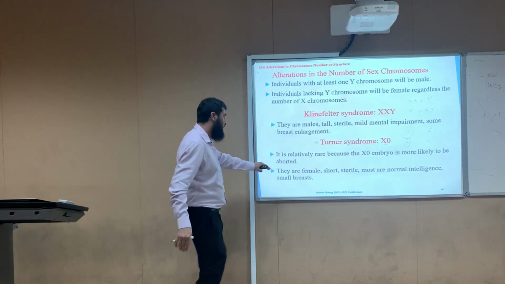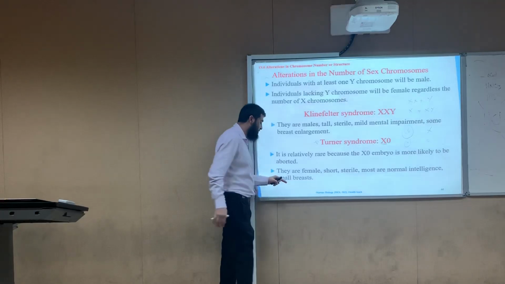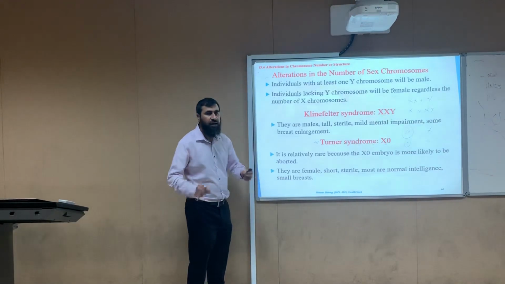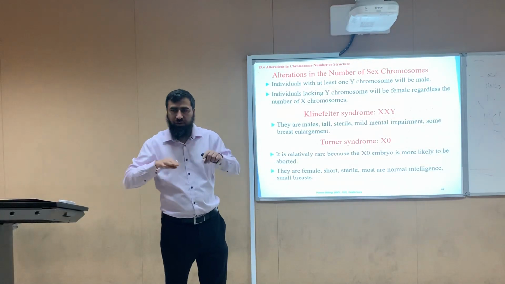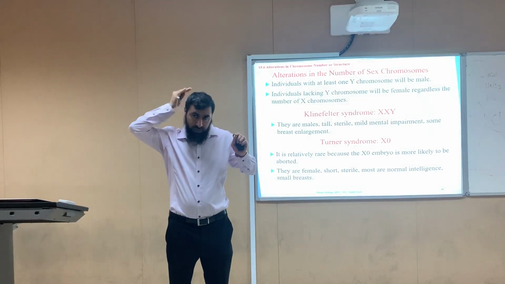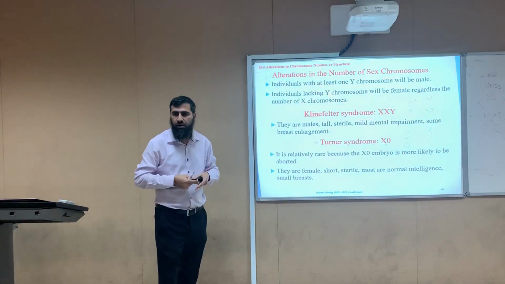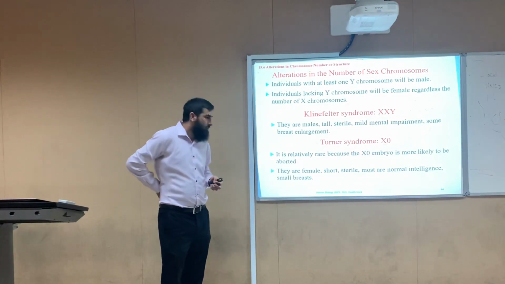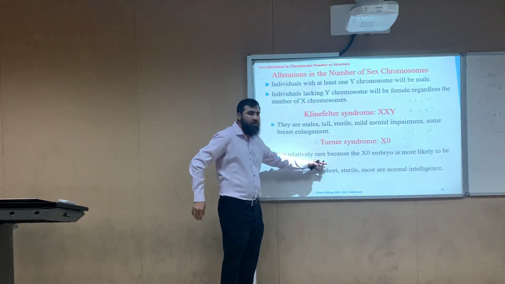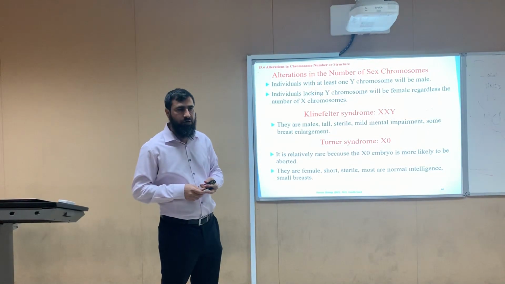They're short, they're sterile, normal intelligence, but they have small breasts, and they usually have a webbed neck. The back is a bit bent. What's sterile? Sterile means they can't have children. But with assisted technologies like in vitro fertilization, they might be able to have children.